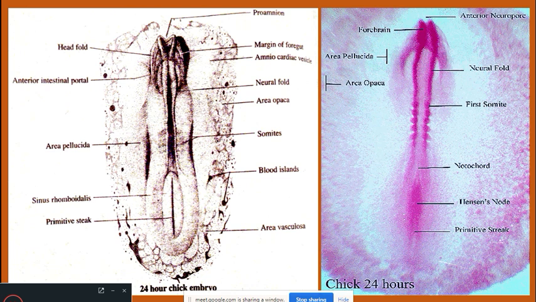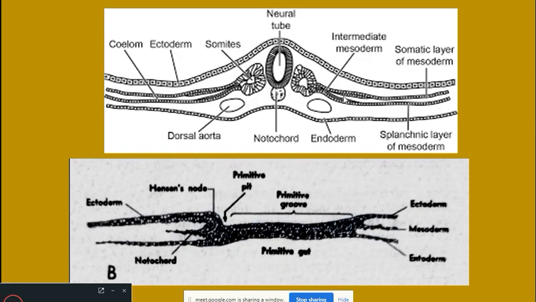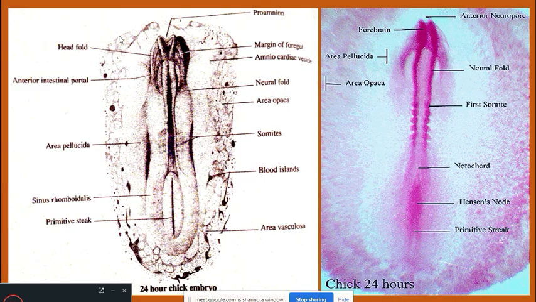Then we saw the formation of blood islands here, these are the blood islands from mesodermal tissues. Then the formation of coelom here by the widening of the space between the somatic layer and the splanchnic layer, and the coelom at the anterior intestinal portal will dilate to form the pericardial cavity.